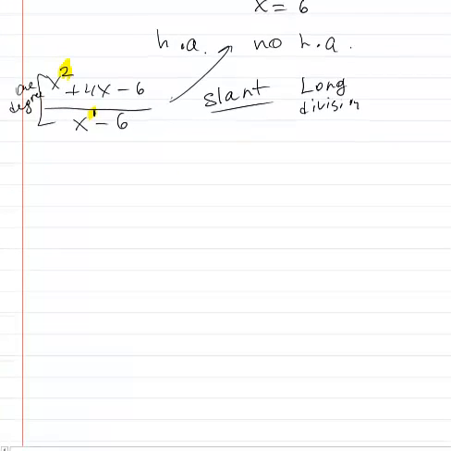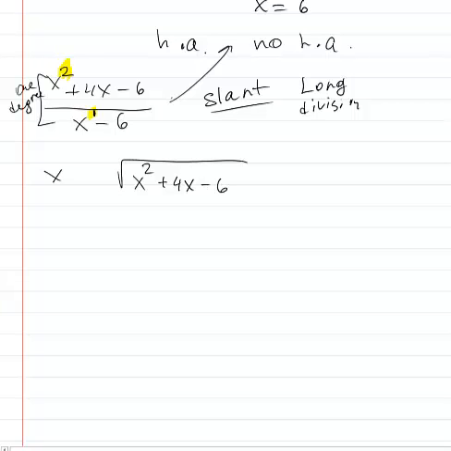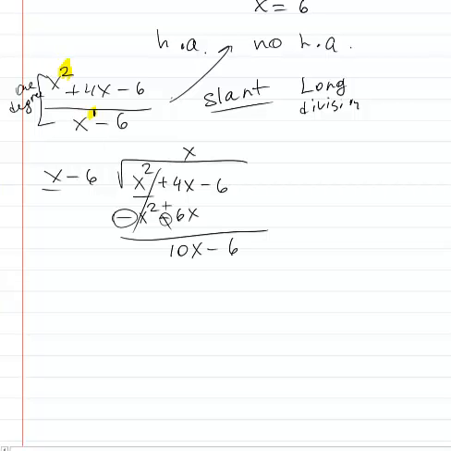So let me take x squared plus 4x minus 6 and divide it by x minus 6. So it's going to give me x squared minus 6x. I'm going to subtract here, going to add there. So it gives me 10x minus 6. That gives me plus 10.